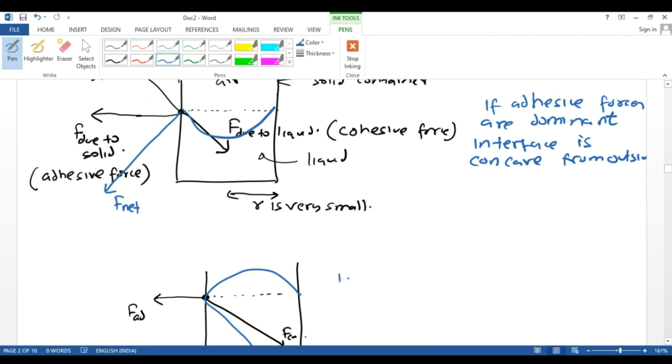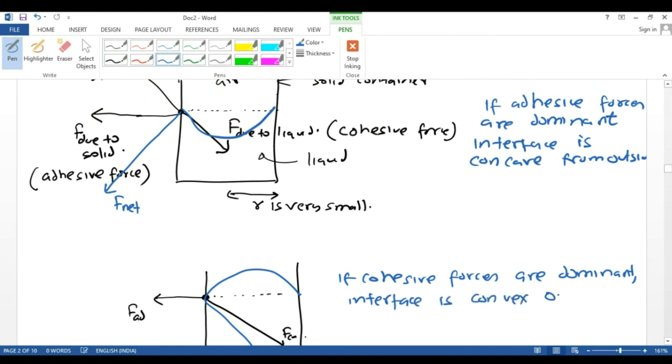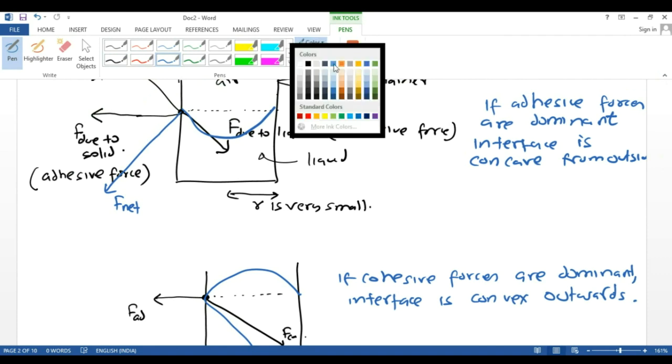And in this case, if cohesive forces are dominant, the interface is convex outward, right? And we'll next define the angle of contact, right?